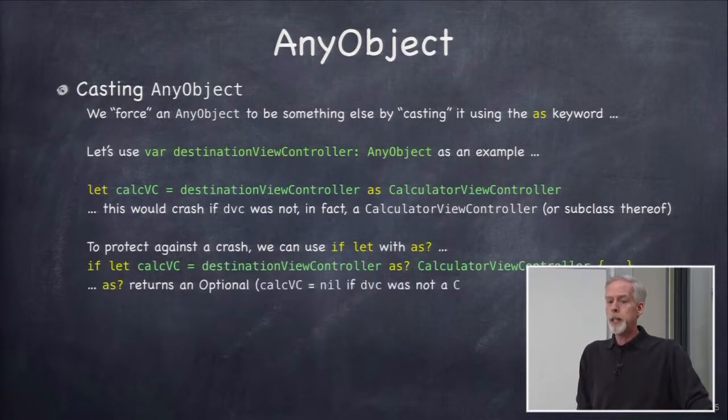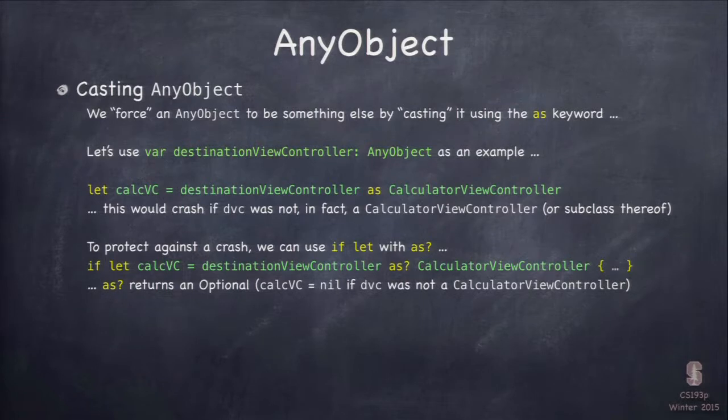Now, you can protect against crashing if you're not sure whether that destination view controller is a calculator view controller, but you're hoping it is, okay? You can use as question mark. And as question mark returns an optional. Same as as, right? As returns that any object thing cast to be a different class. As question mark does the same thing, but it's an optional version of that.